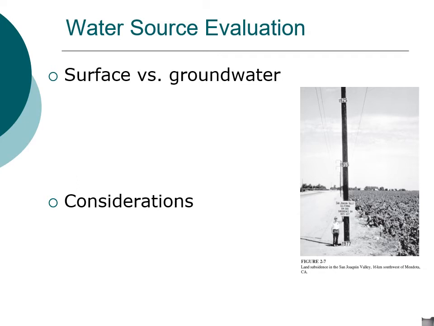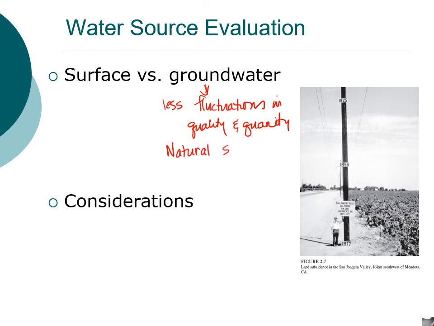Number of things to think about. Your groundwater supply tends to have less fluctuations in quality and quantity than your surface water systems. Your groundwater system provides natural storage.